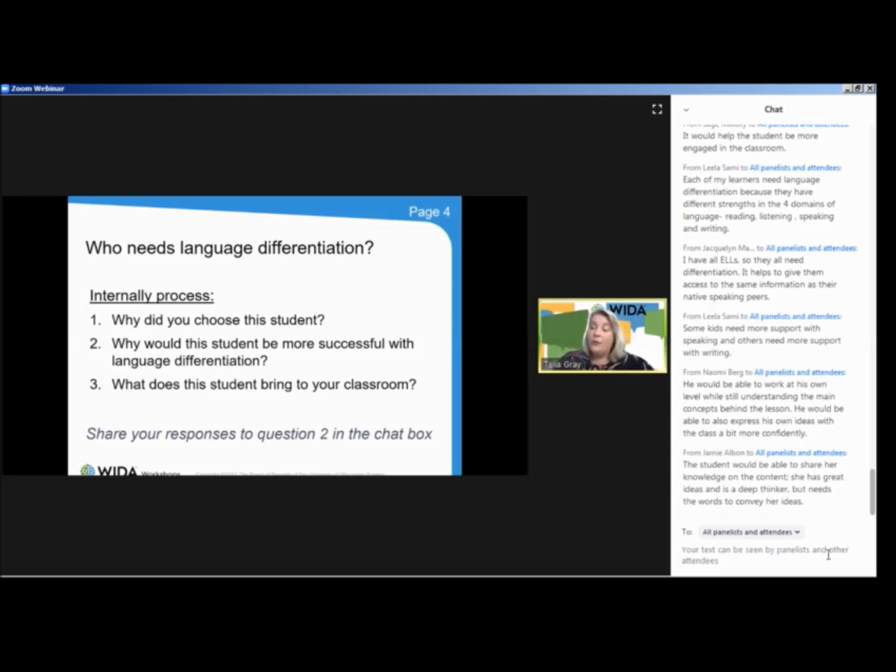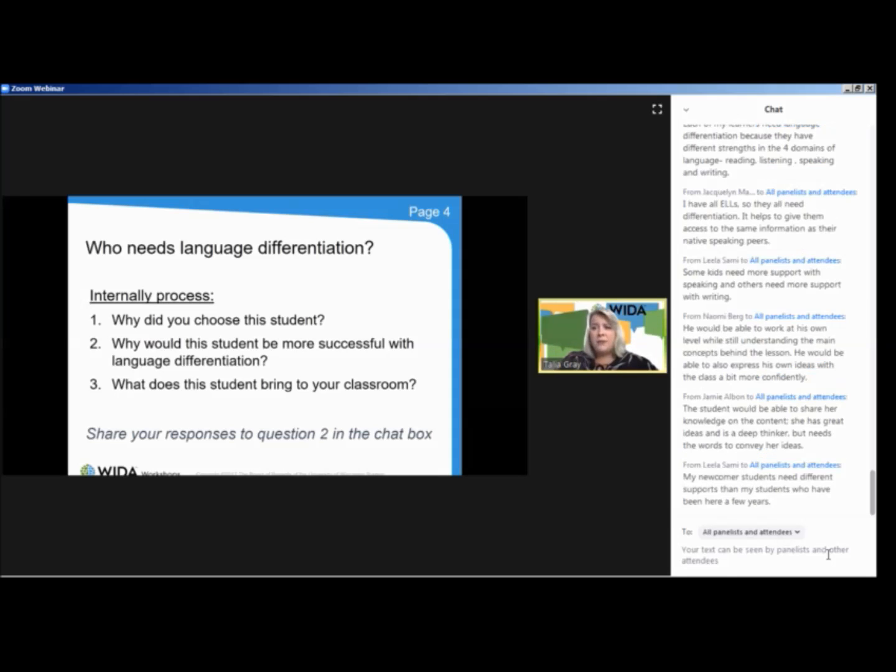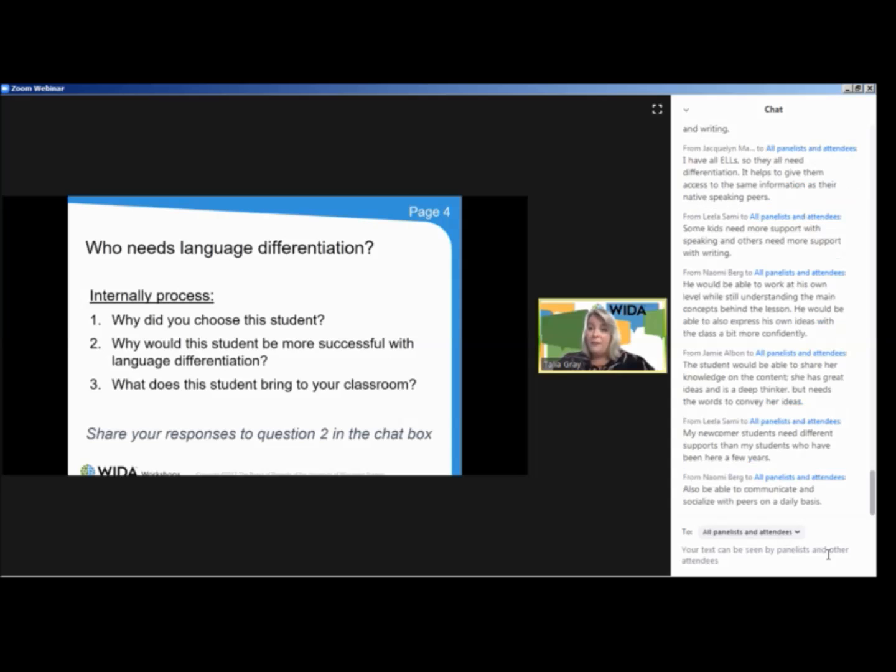And I agree with you guys. At my school, we call it ESOL. So I teach English language learners and multi-language learners from grades K to 5. And you're right, they would all benefit from language differentiation. So keep this student that you have in your mind, because we're going to come back to this in a few minutes.